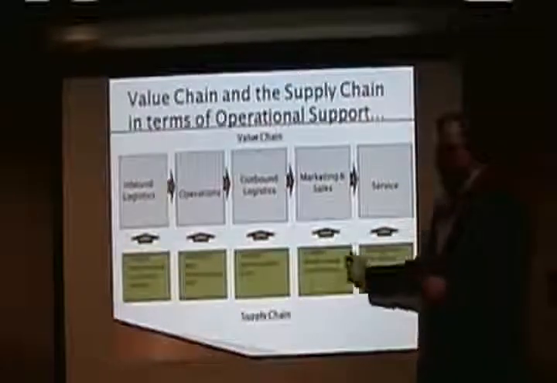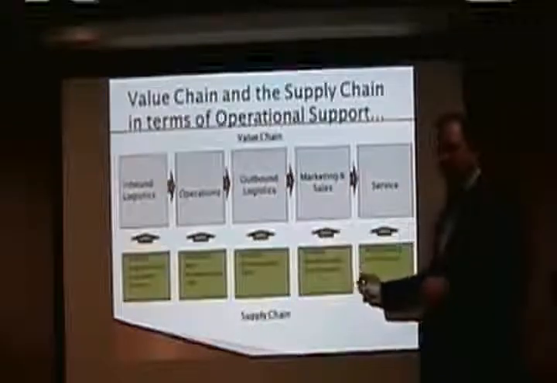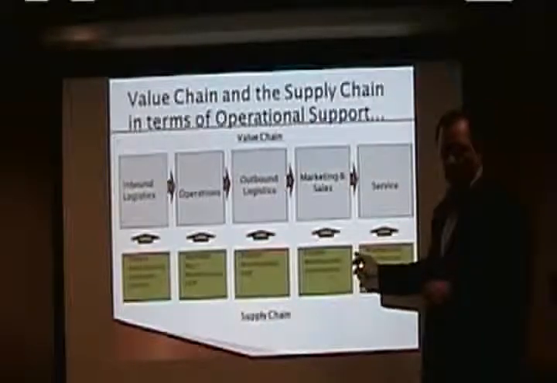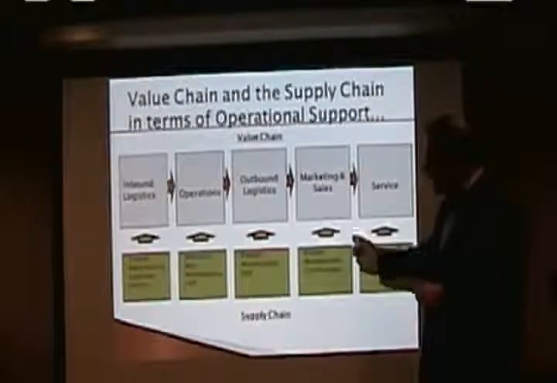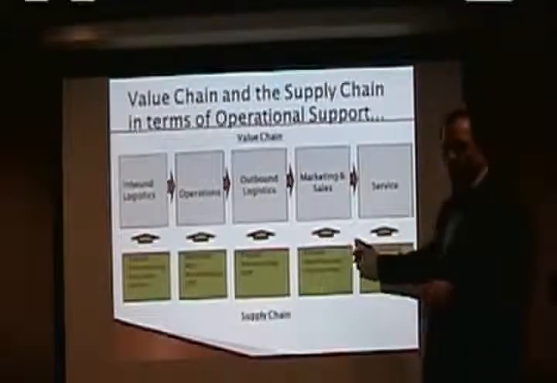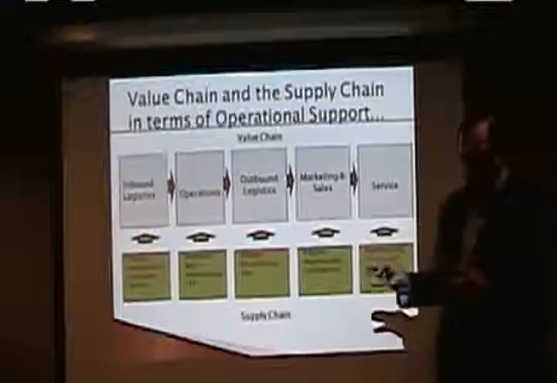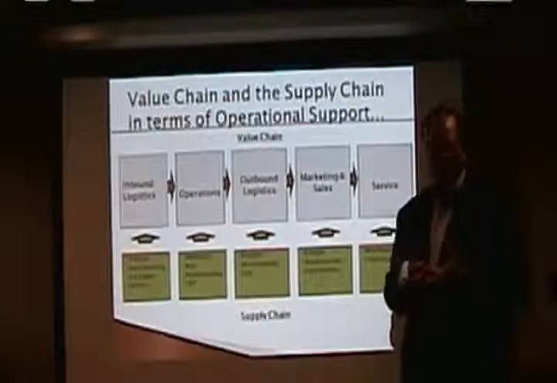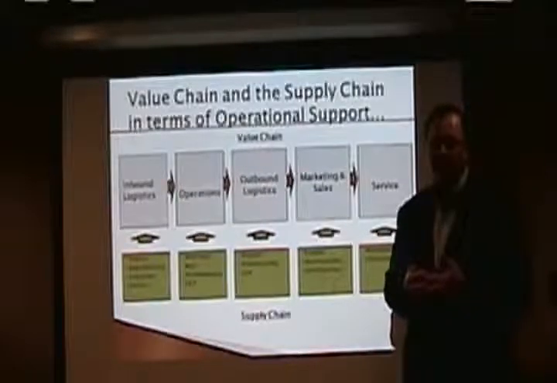So you can see that the supply chain process is very elemental as well as incremental to the overall operations process and becomes a key and critical role. So again, in summary, the supply chain is a core element of the overall operations activity.